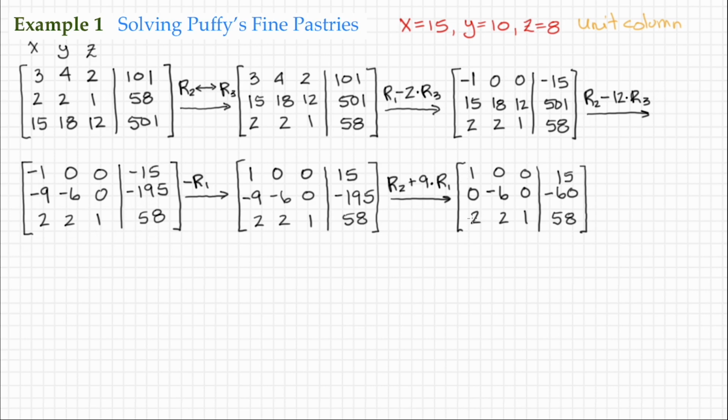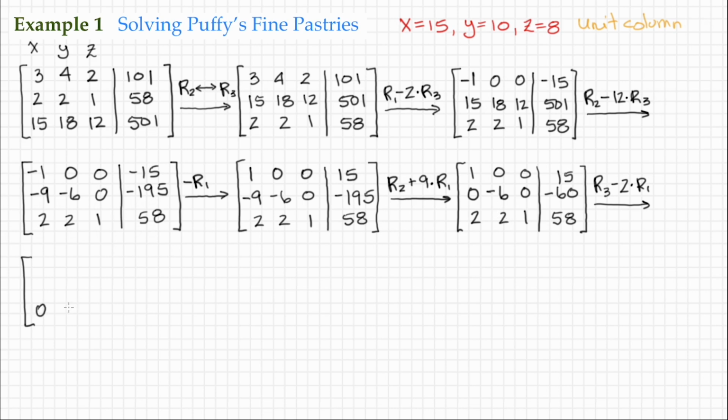So we'll do the same thing for row 3. Row 3 minus 2 times row 1. We'll go down here. 1 times 2 is 2. 2 minus 2 is 0. That's the whole idea.